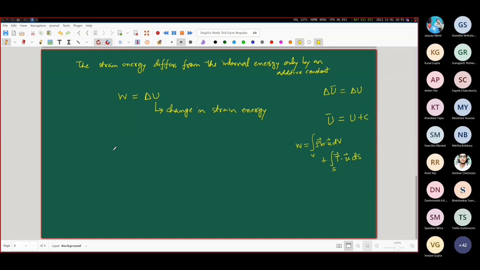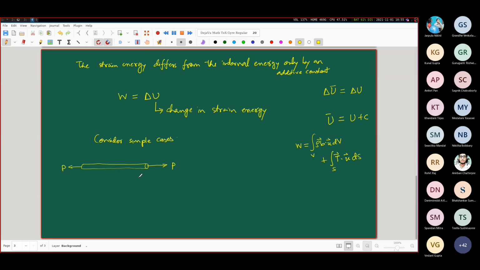Okay. So what do we do? We'll take the simplest of cases for the work done. Simplest of cases means, let me just write this, consider simple cases. So first of all, consider a bar like this, which is subjected to axial loads like this.